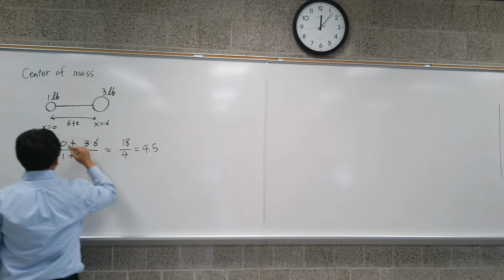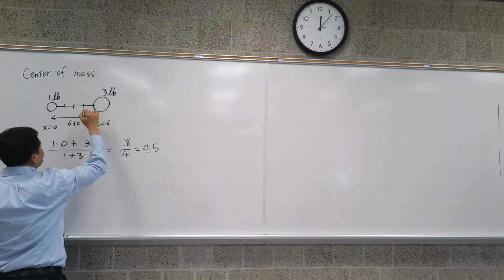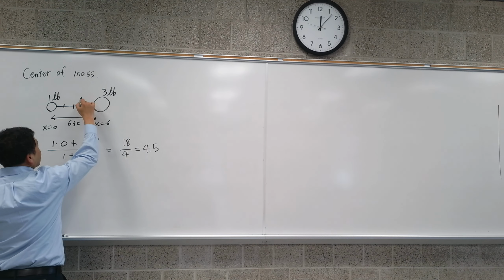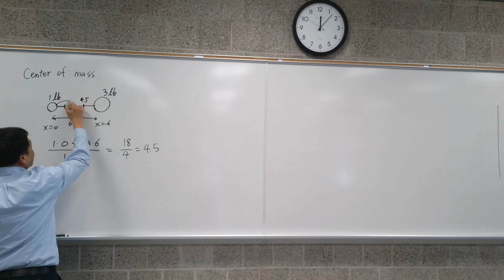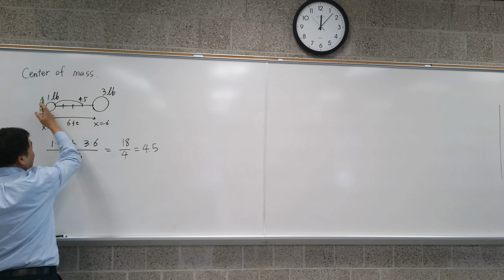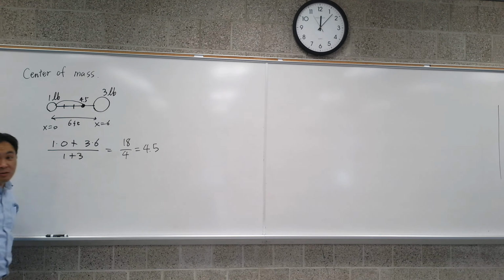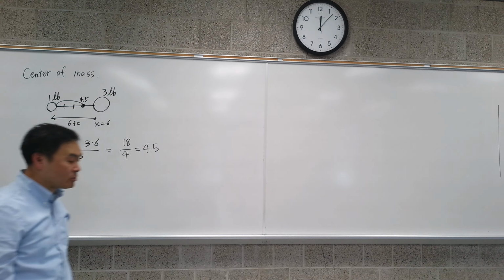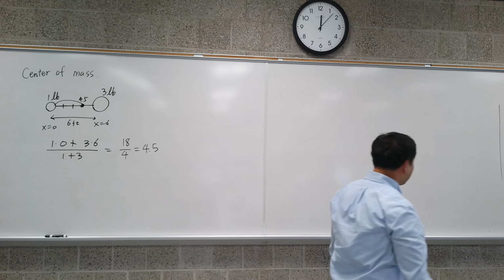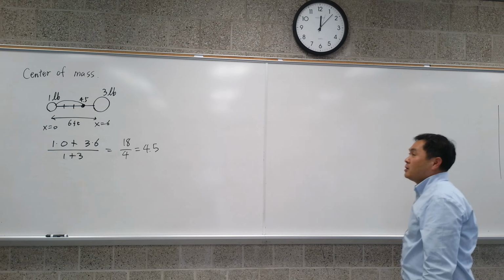So if you divide this into 4 equal parts, this point where it's 4.5 feet from the left is where the center is. Okay? That's how you do the weighted average. That's how you do the center of mass. Okay.